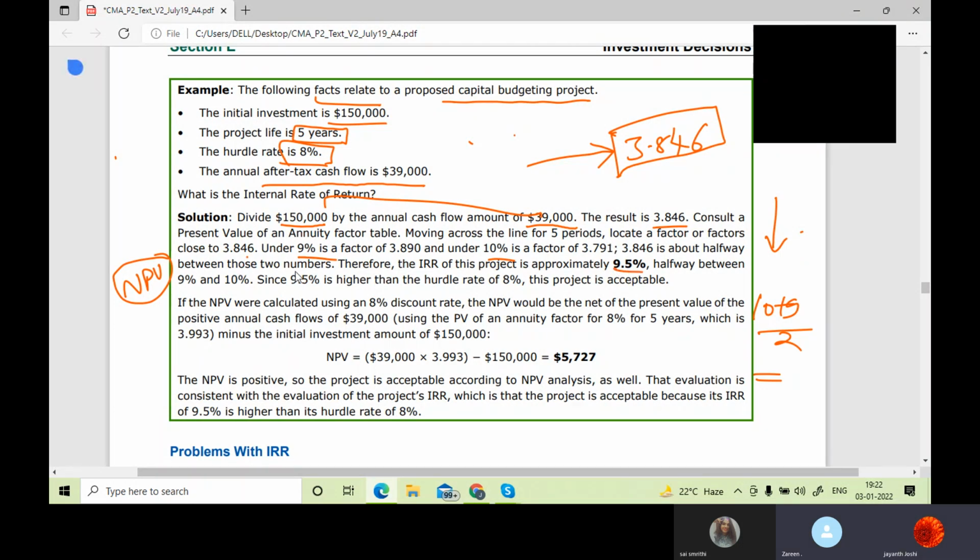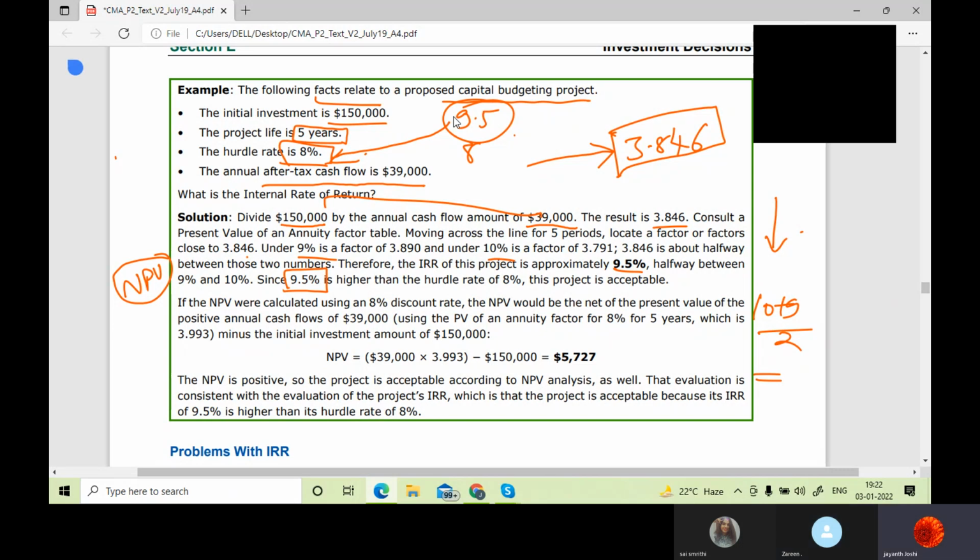So what is your hurdle rate, your required rate of return, the minimum return? 8. And on average you are getting 9.5. So if the expectation is this and you're getting this, can you accept the project?